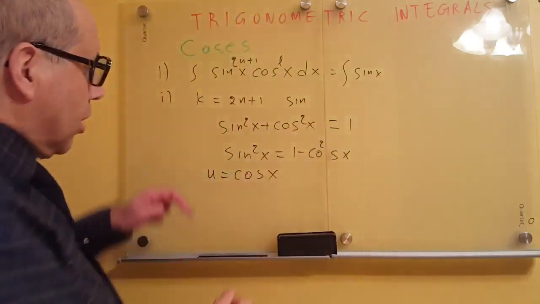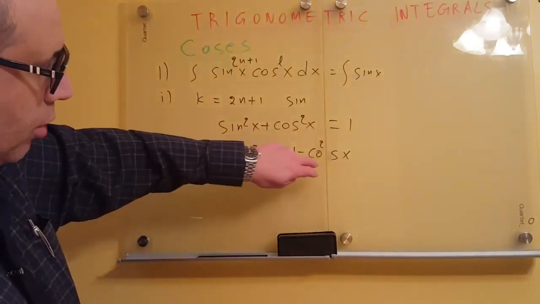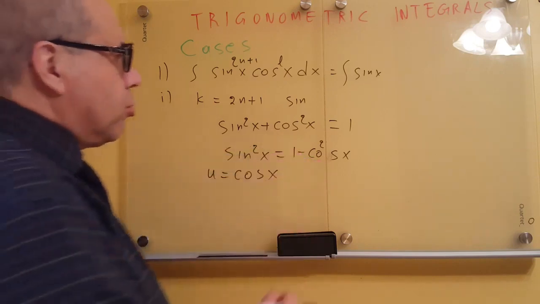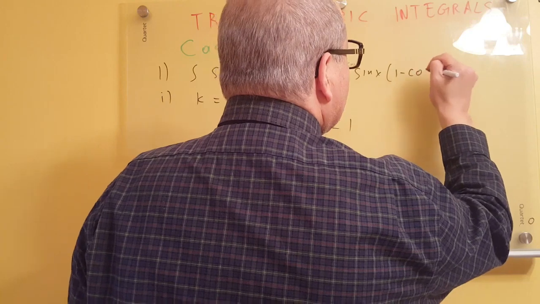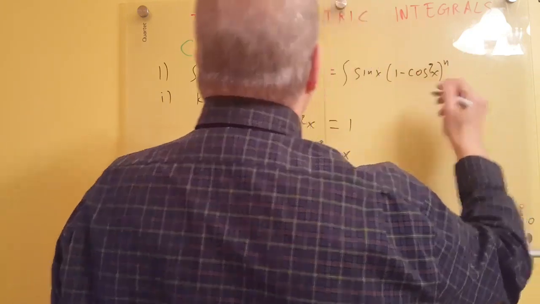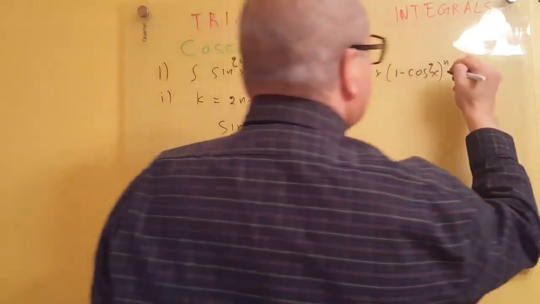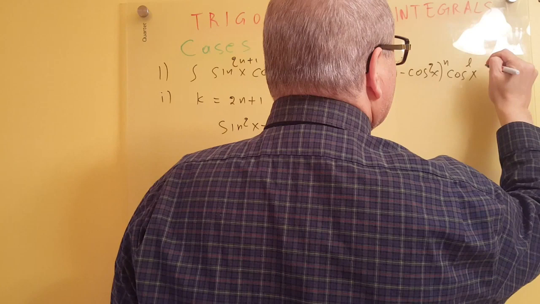Then you substitute sine square x equal to 1 minus cos square x, so that will be 1 minus cos square x to the n. And then of course we have the cos x to the L dx.